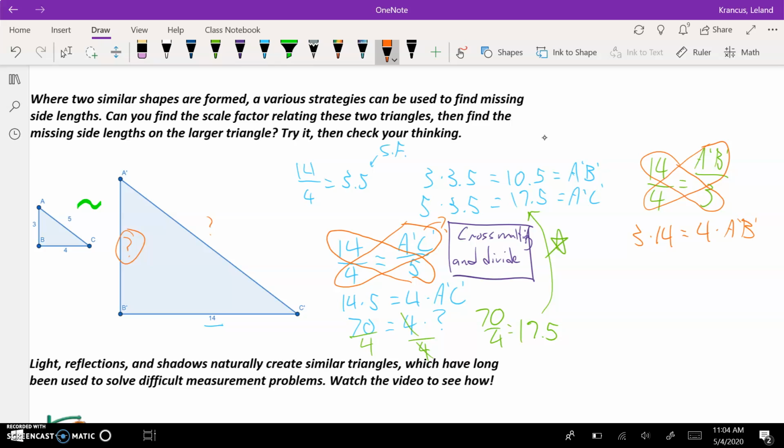And again, you can use AB to use the actual side on the triangle. You can also just use any variable, like X or a question mark for that unknown. And then if we cross multiply and divide, we're multiplying 3 times 14, which is 42. That equals 4 times AB. And then you're dividing both sides by 4. And 42 divided by 4 is 10.5. Which is exactly what we got previously using the other strategy.